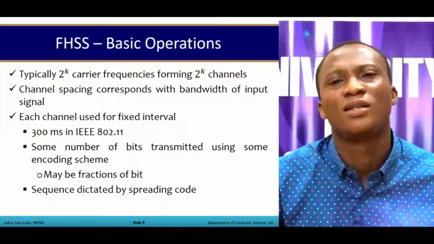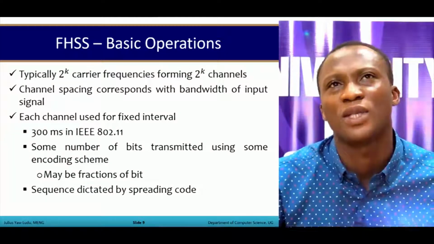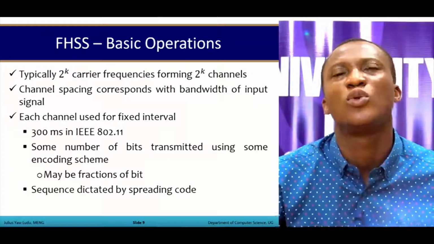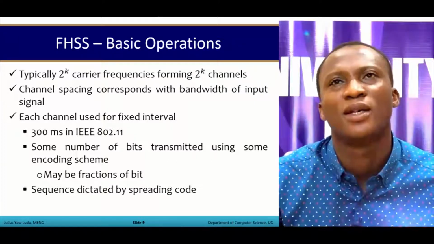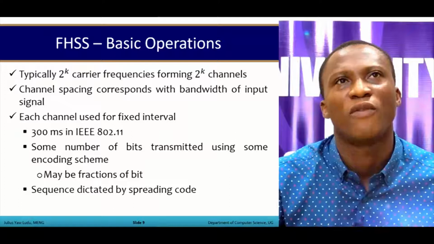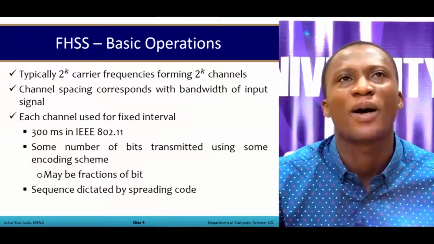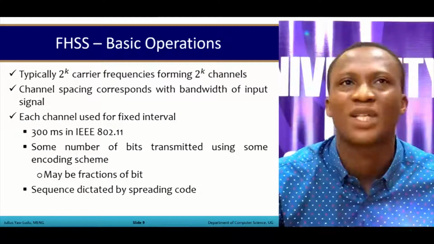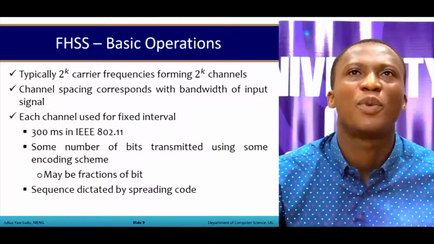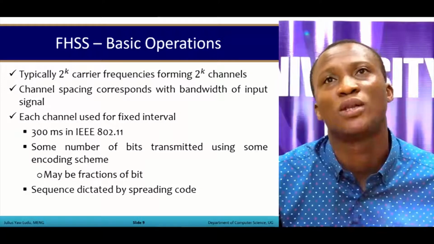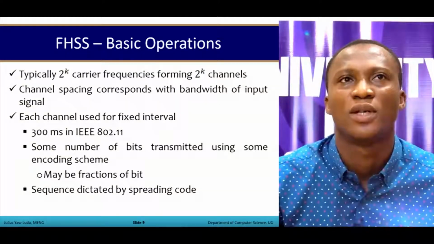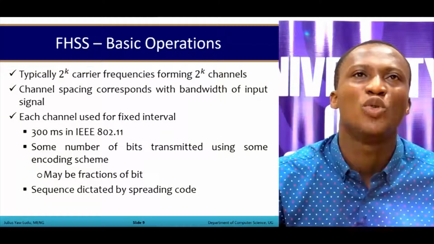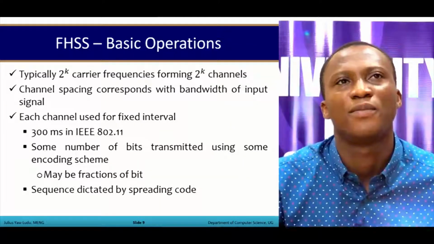Typically, 2 raised to the power k carrier frequencies are used, and this generates 2 raised to the power k channels. So if I have 2 raised to the power 2 carrier frequencies, I'm expecting to get 4 channels. The channel spacing corresponds with the bandwidth of the input signal. Each signal is used for a fixed interval.